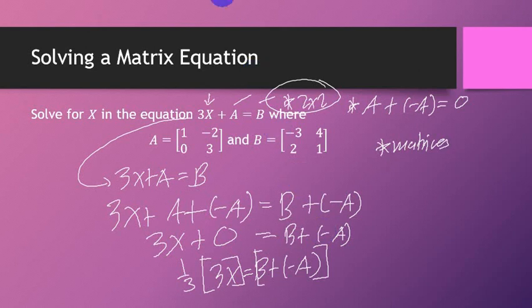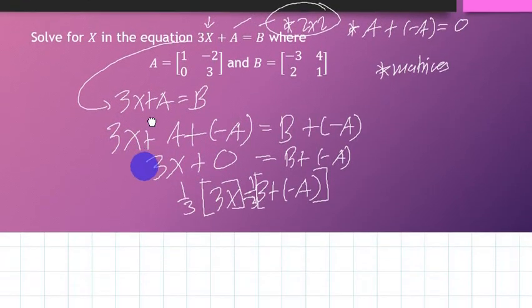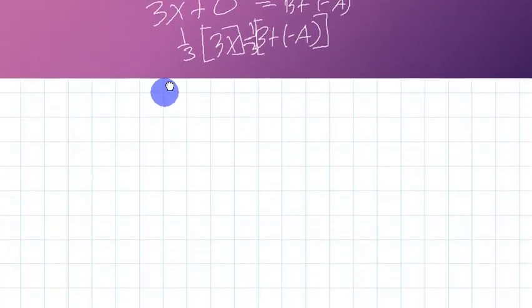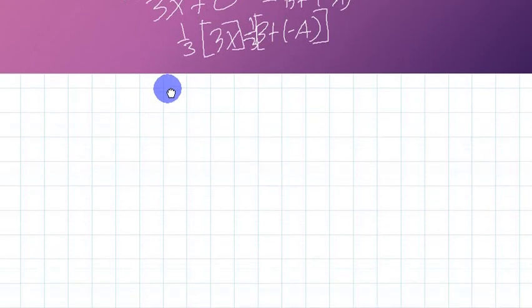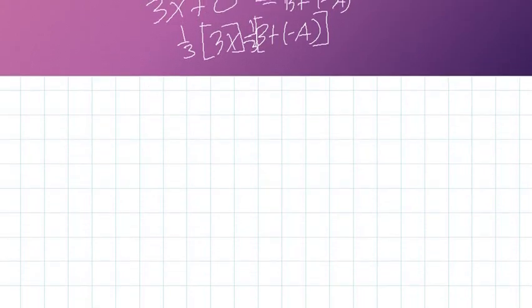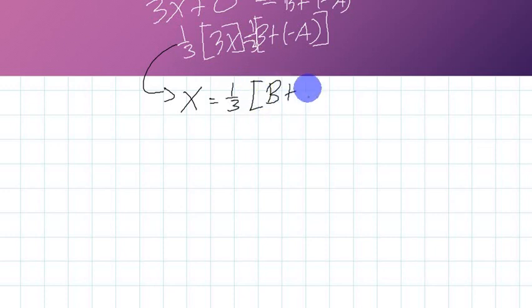Wait a moment. So this should be 1/3. So there. There you go. So this is telling us that the matrix X can be solved by performing the operation 1/3 multiplied to B plus negative A.